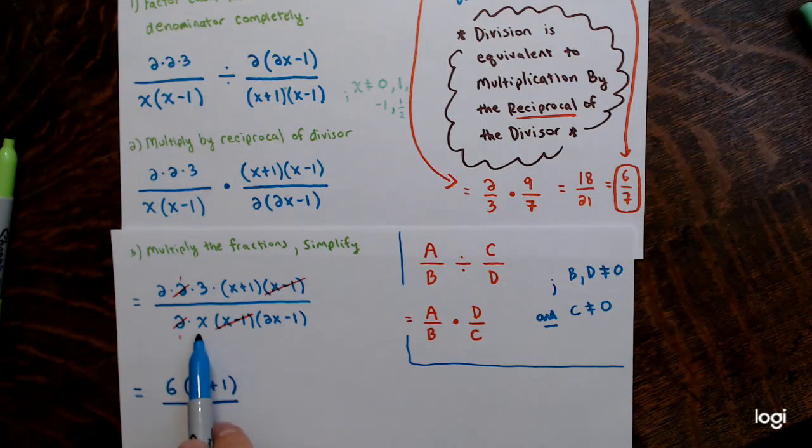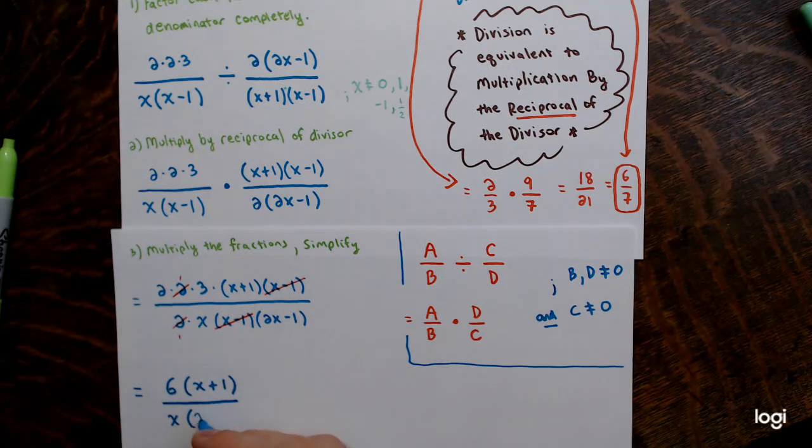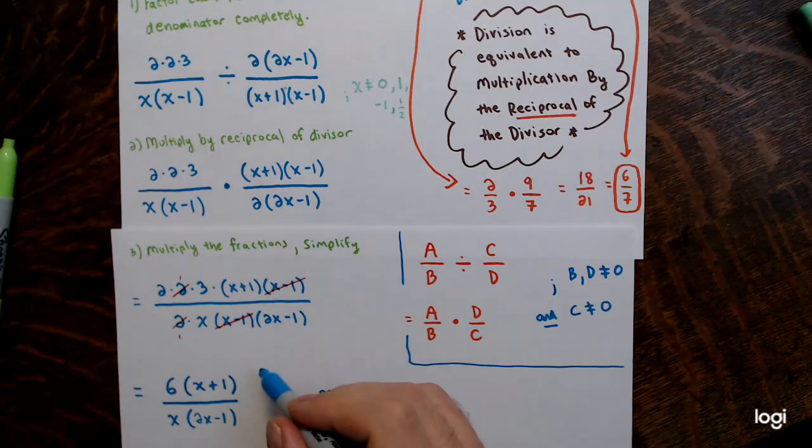So I'm left with the factors of x and 2x minus 1. So x times 2x minus 1. And then off to the side, I'm going to put down those values of x I couldn't use, back up here. x cannot be replaced by the number 0, the number 1, the number -1, or the number 1/2. And there we go.